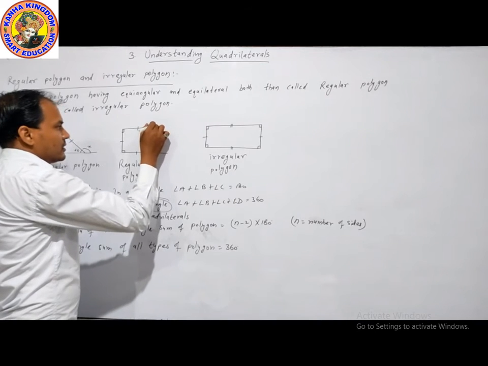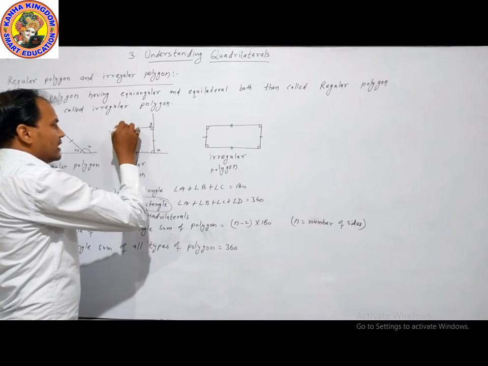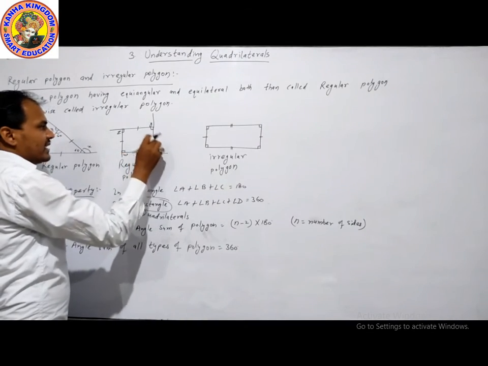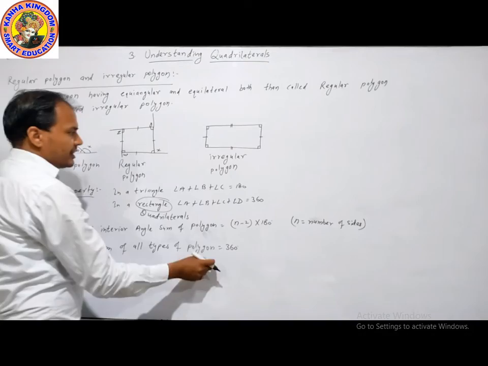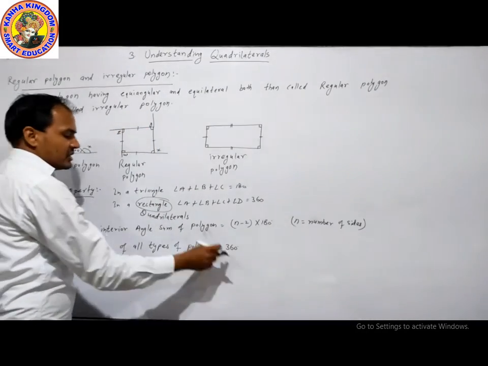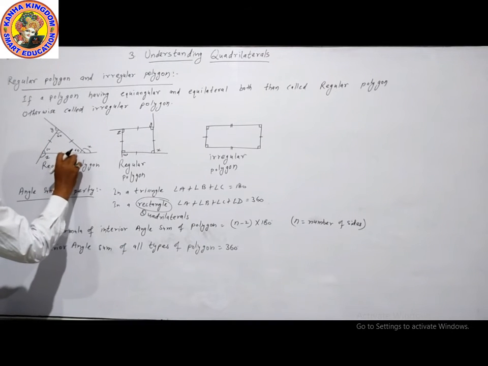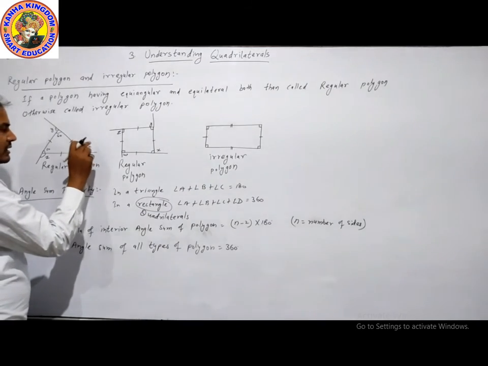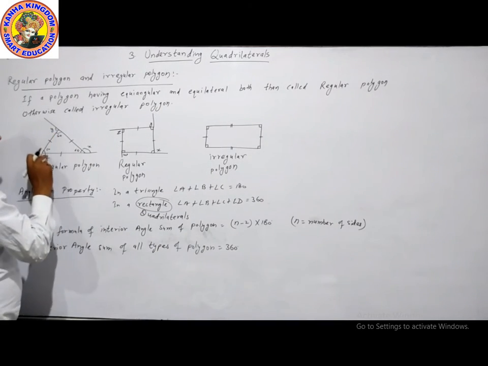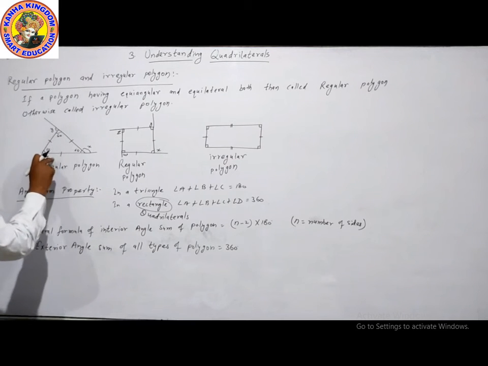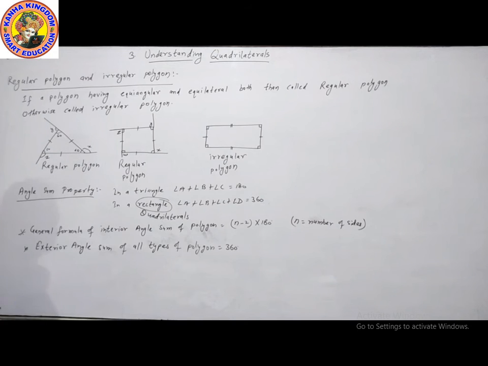This is x, this is y, this is z, and this is w: x plus y plus z plus w is equal to 360. 90, 90 is 180, 270, 360. Here, a linear pair of angles has 180 degrees, so 60 and 120, 120, 120, 120, 120 is 240, 360. The exterior angle sum is 360 for all types of polygon.